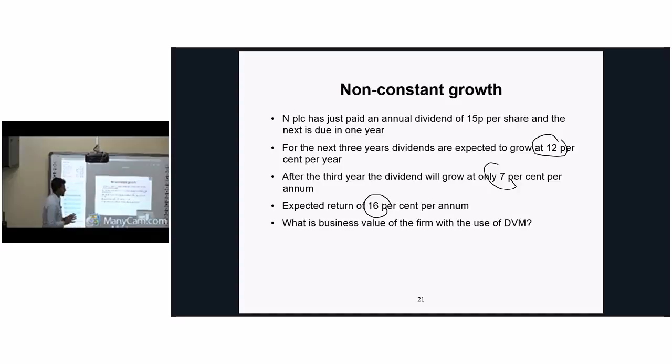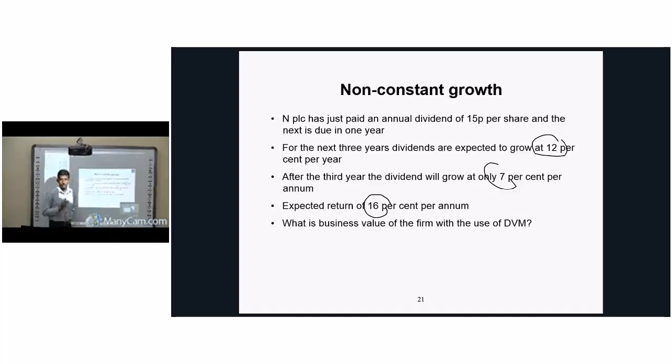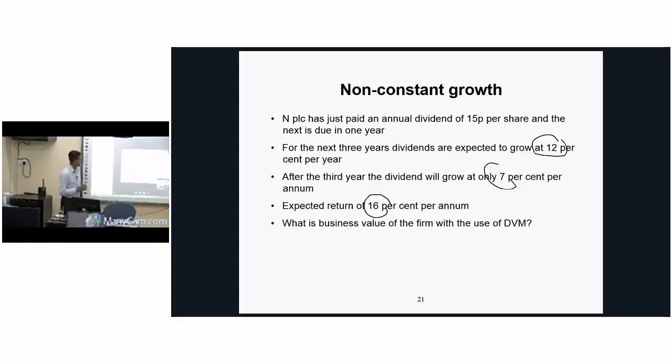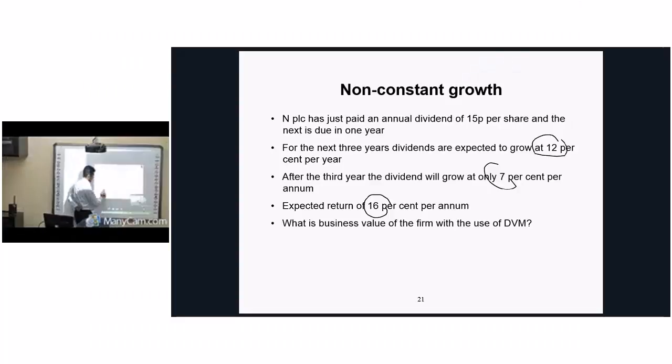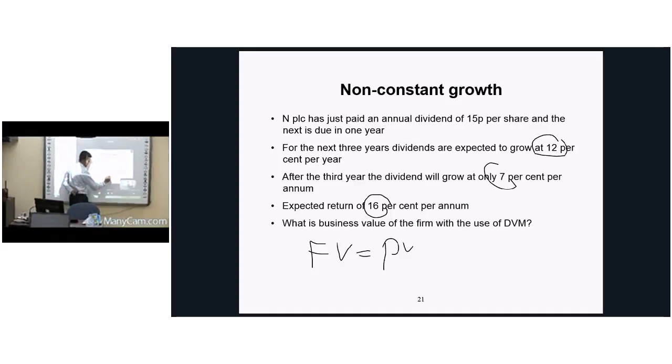For that we have one simple formula for this present value calculation. This entire calculation is based on this particular formula. Time value of money, I'm sure you have learned it. What is the equation we use? Yes, future value is equal to present value times (1 plus r) to the power n.